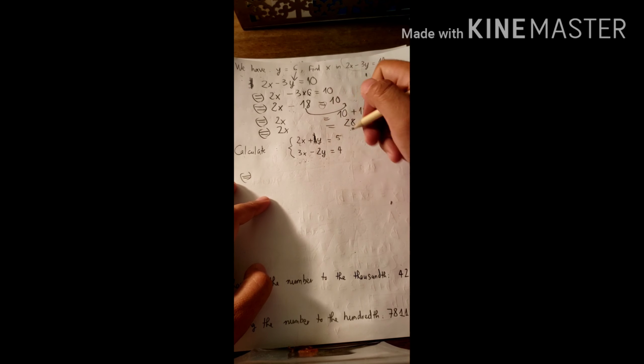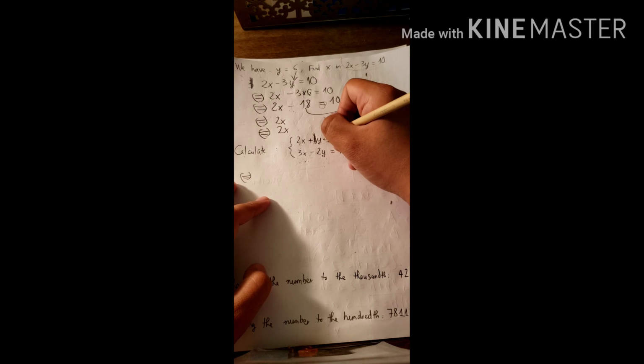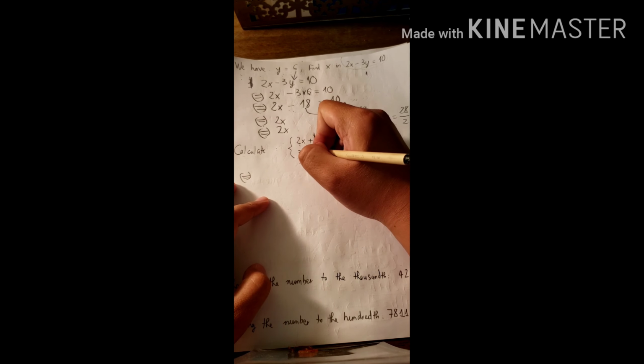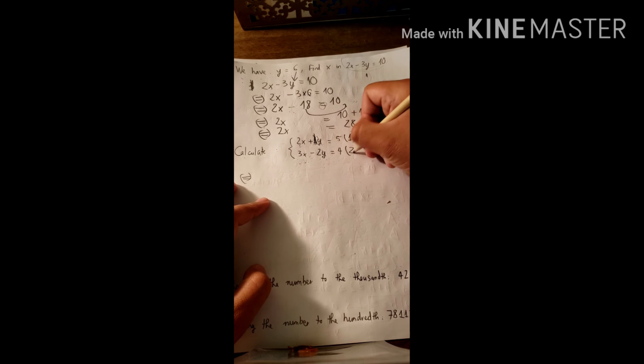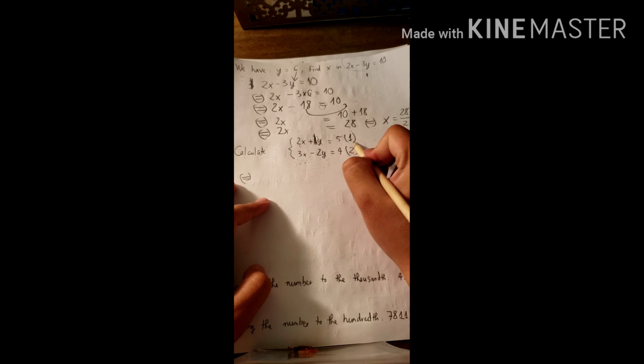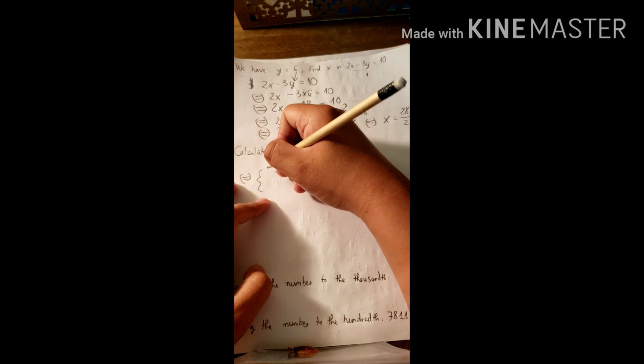In here, we need to know how to eliminate y first, so we can calculate the s. On the first equation, we just multiply with minus 2. So we have like this.